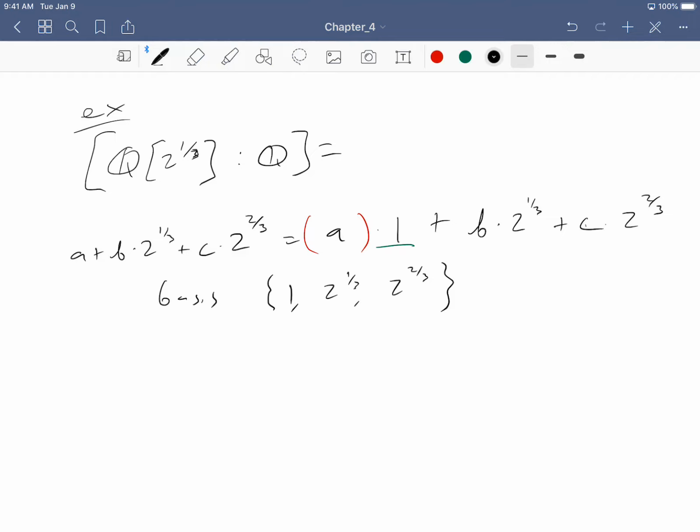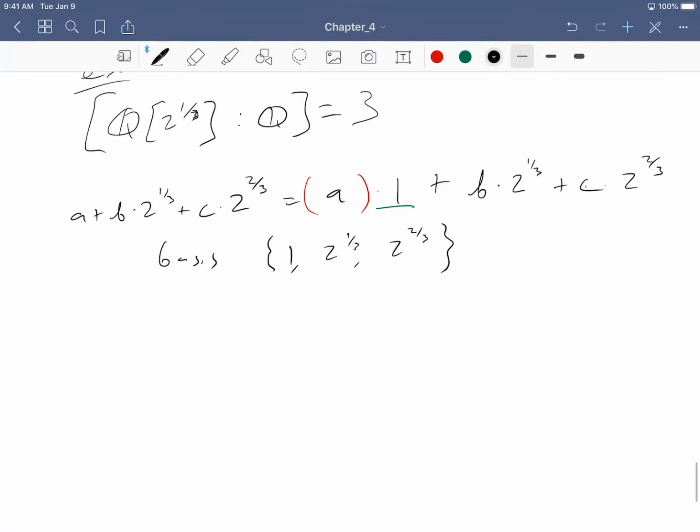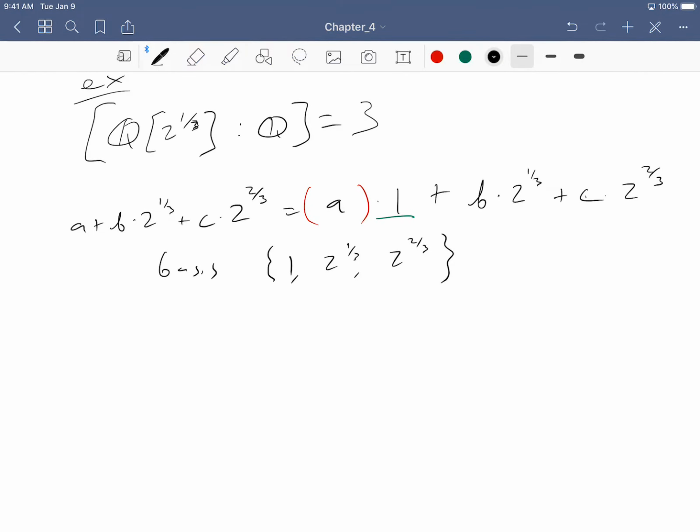Okay. And so our field extension was degree 3. The dimension of the vector space was 3. All right, so let's do a field extension from there. So let's take Q adjoin 2 to the 1/3 as our base field. And our extension from there, let's say we tack on root 3.